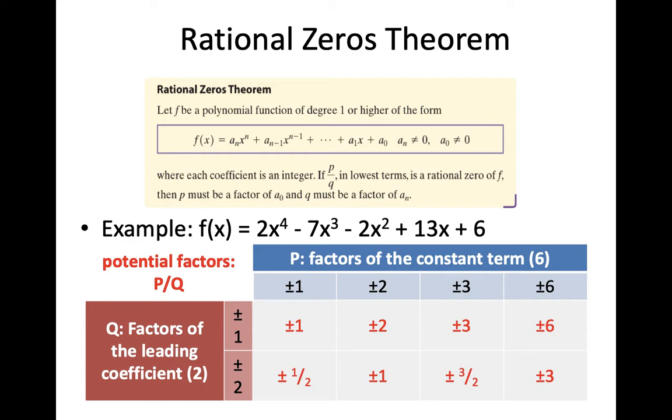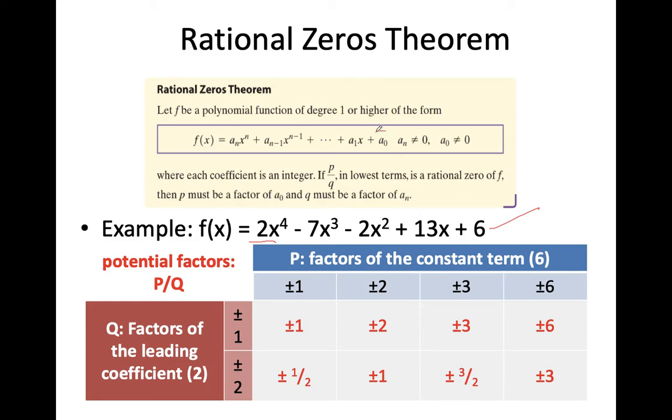Now see, the rule is when we have the equation in this form, then we can limit our real zeros. How do we do it? See, we look at the factors of the number 6, and the factors of this other number. Our rational zero will be in the form of p by q, where p must be a factor of a naught.